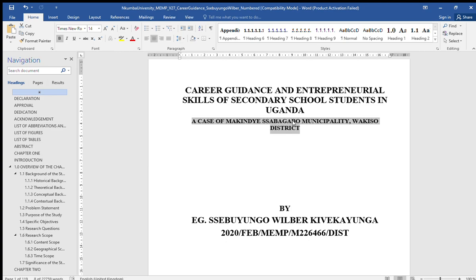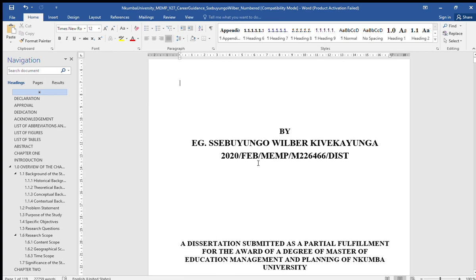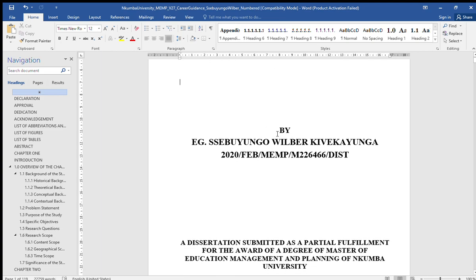That should actually be added to your topic. In the Nkumba University standards, the topic should move along with the case. Where are you going to conduct this study? So that is the topic on the cover page, and then the researcher should also display here.